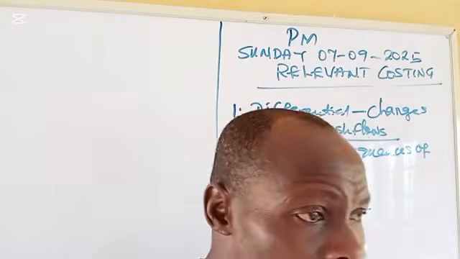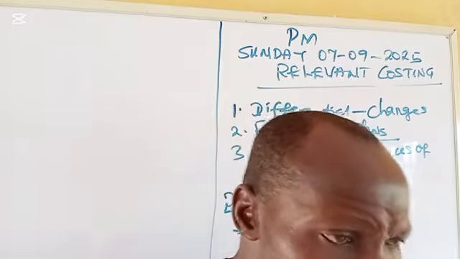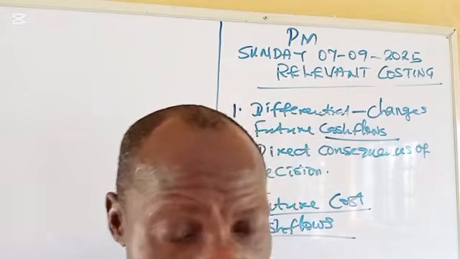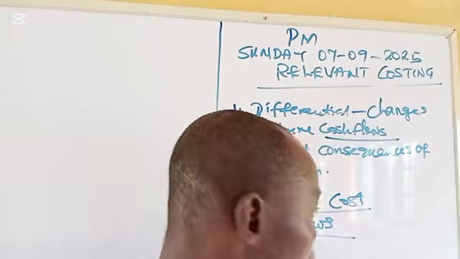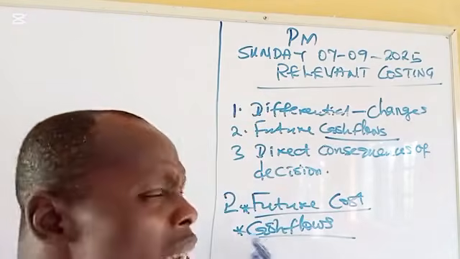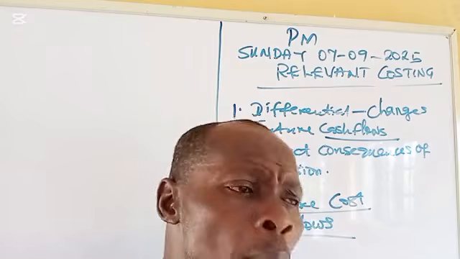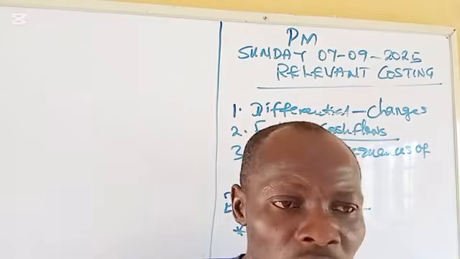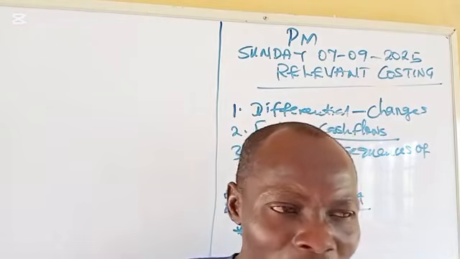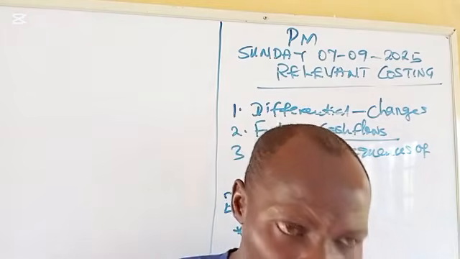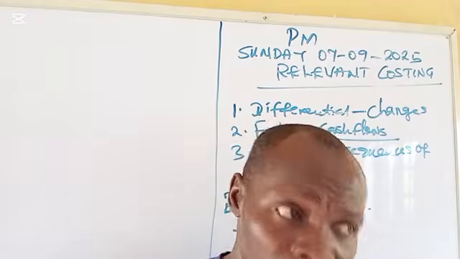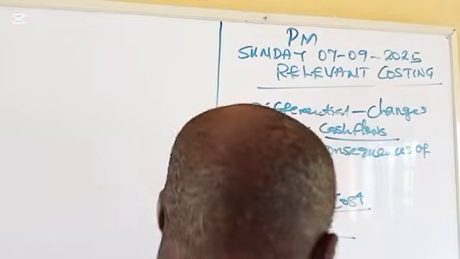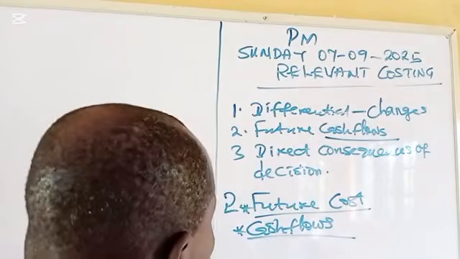Profit from disposal of an asset. Accruals. The non-cash items are not relevant. So for a cost to be relevant, it must be a cash flow. That is why we say they are future cash flows. They are future costs and they must be cash flows.